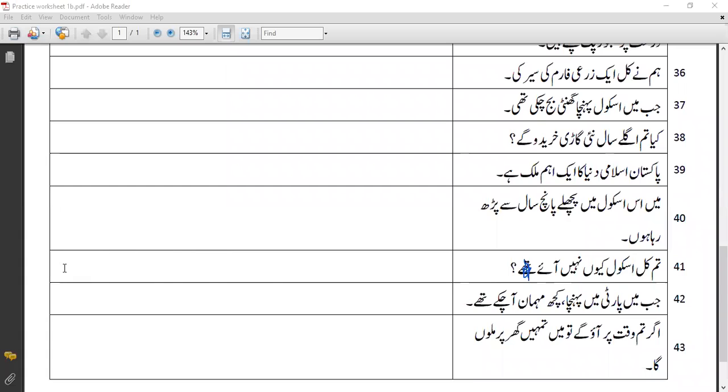Then you will write, why didn't you come to school yesterday, or why didn't you attend school yesterday? This come as an easy word, so let's write come. Why didn't you come to school yesterday? This, in that case, would have become a simple past interrogative sentence.